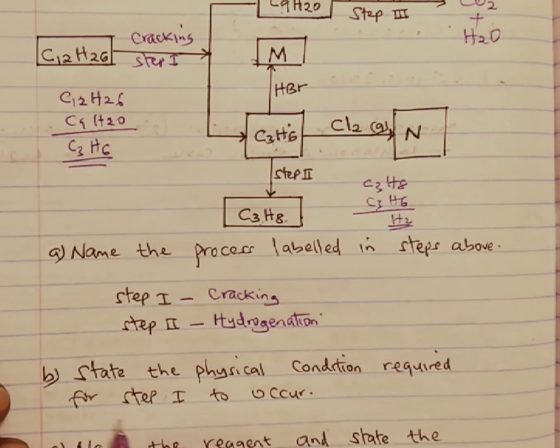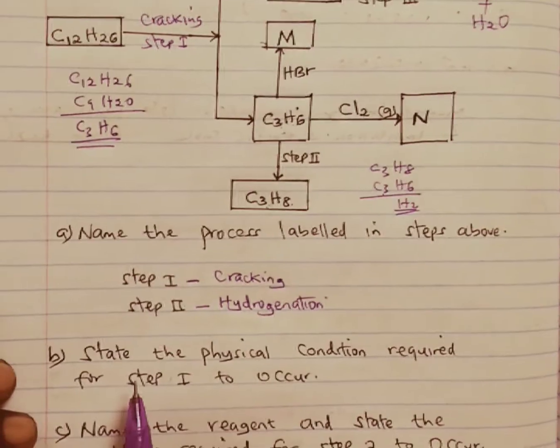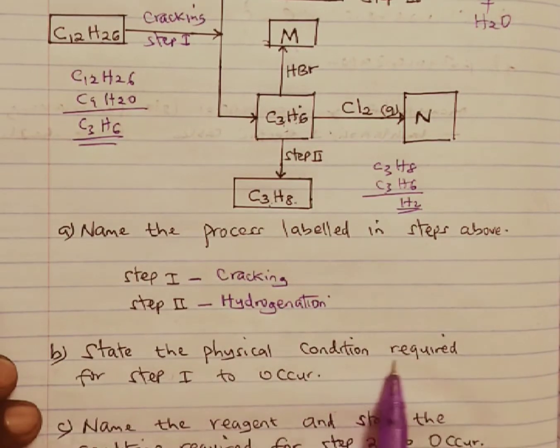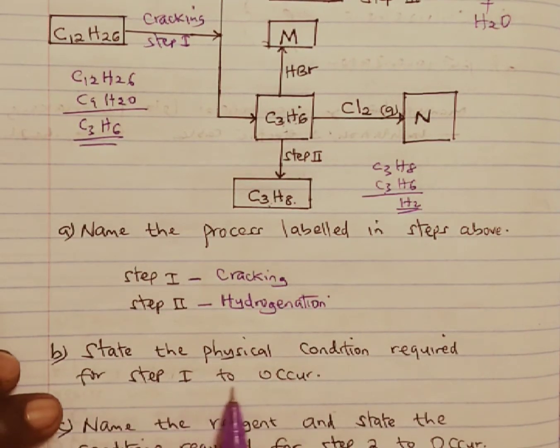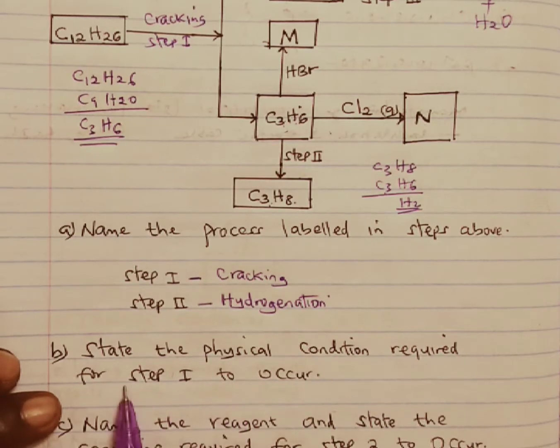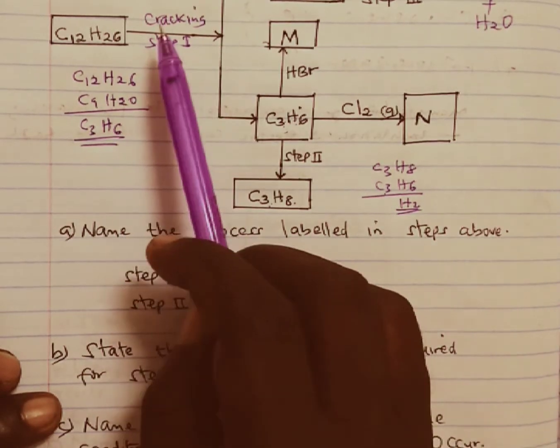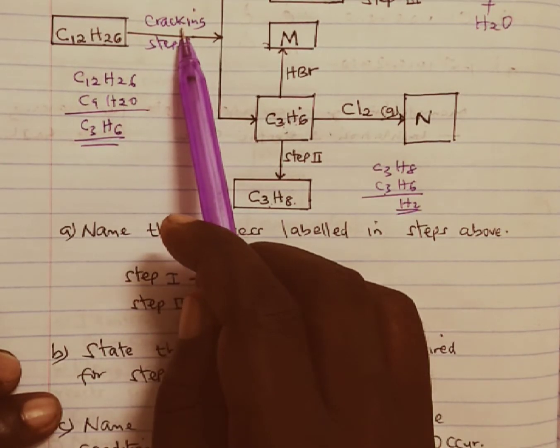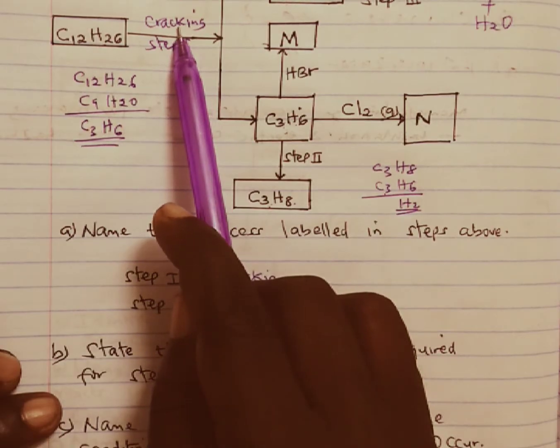Next, we have part B, which says, study the physical condition required for step 1 to occur. Step 1 is cracking, and the cracking is done either by use of a catalyst or through the use of heat.